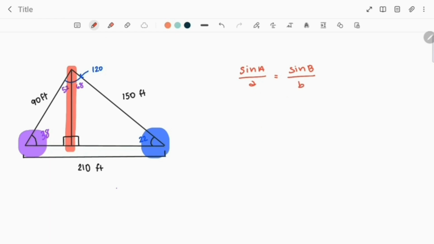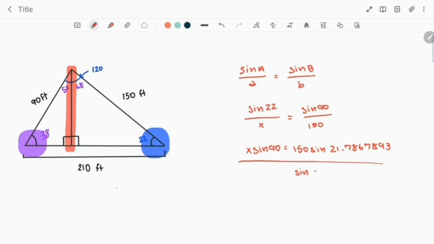So we're going to plug these values in. Sine 22 over x is equal to sine 90 over 150. But then we cross multiply and we get that x sine 90 is equal to 150 sine 21.7867893. Then we're going to divide both sides by sine 90, and we get that x is equal to 150 sine 21.7867893 over sine 90.